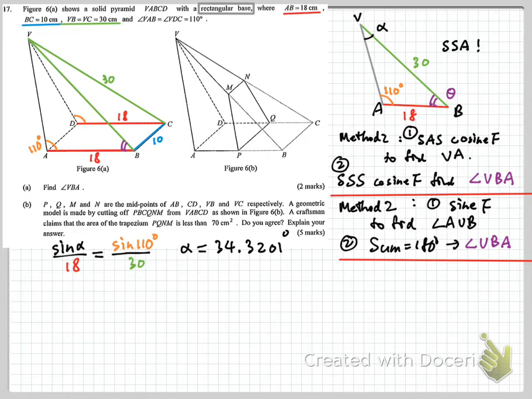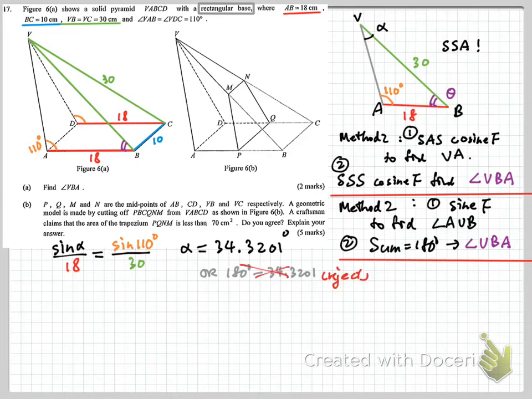But don't forget that for the inverse sine function, there is the possibility of an alternate answer. There is a possibility that it is 180 minus that, an obtuse angle. But we know that there is already a 110 in this question, in the orange angle. So the obtuse angle is not possible. We can never have two obtuse angles in one triangle.